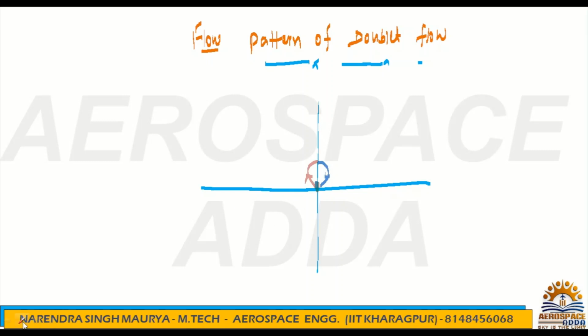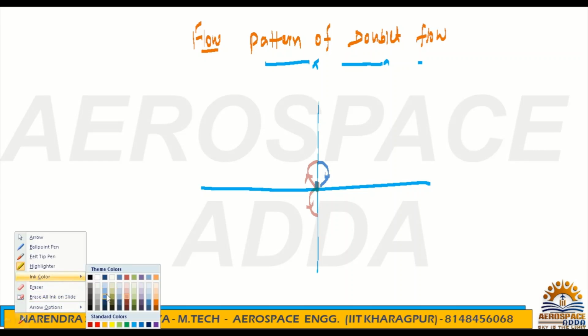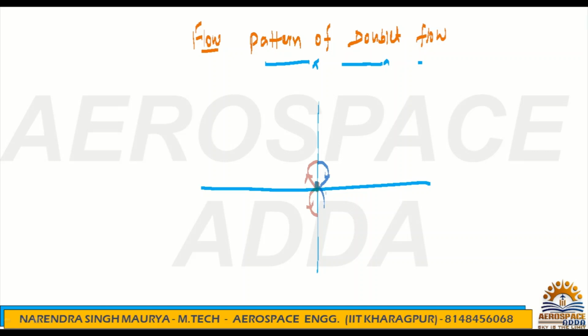Similarly we do it for the lower side: we have the source at the same point, so flow will be generated like this, and at the same point there is a sink also, so flow will be absorbed here. This will be continuous, and I can now draw the multiple diagram. It looks just like an 8, the number 8. Something like that.